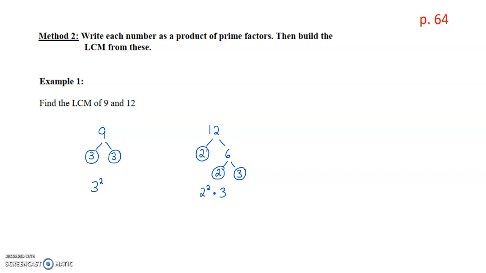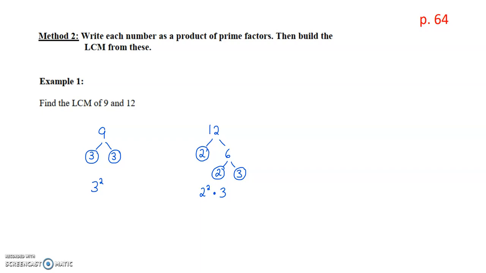So then what we do for this method is we say, okay, let me take the numbers that are different and the highest of those. And that's why using exponents is really helpful for us, because we see that for the 9 it's 3 squared, and for the 12 it's 2 squared times 3.